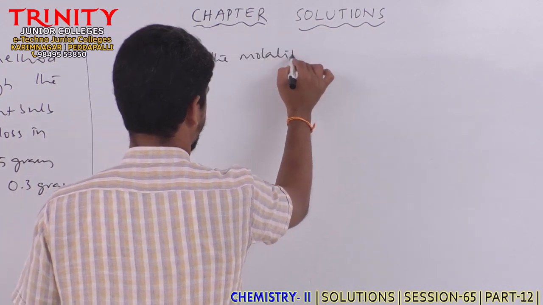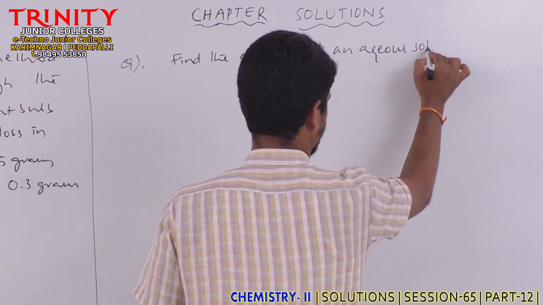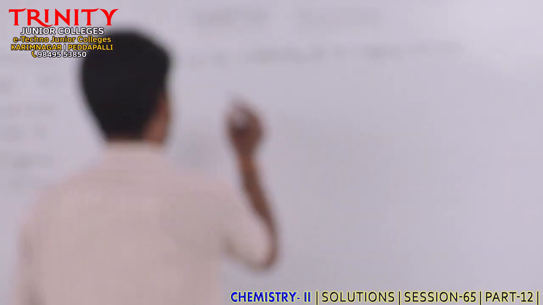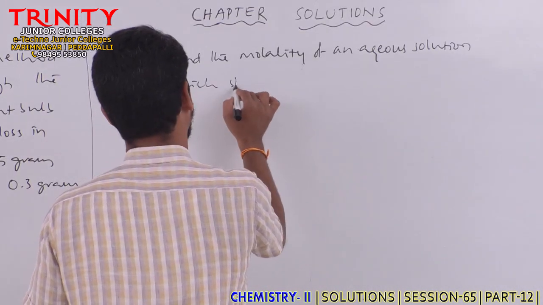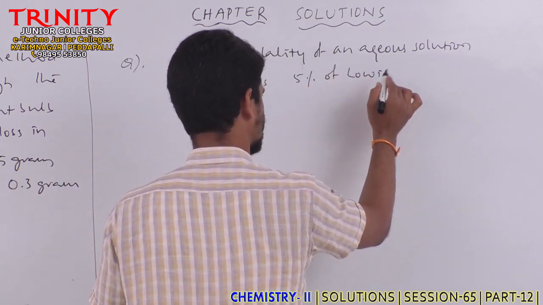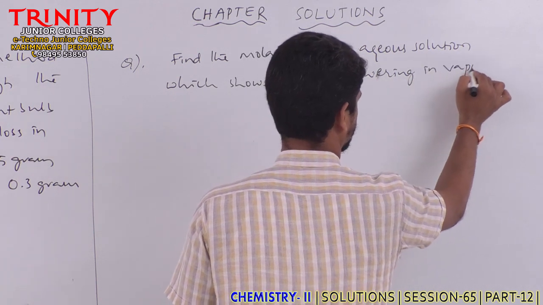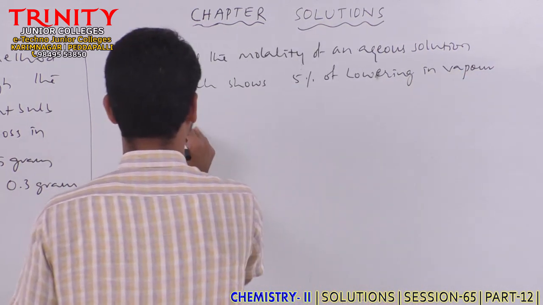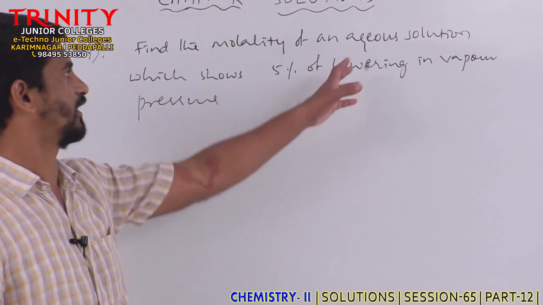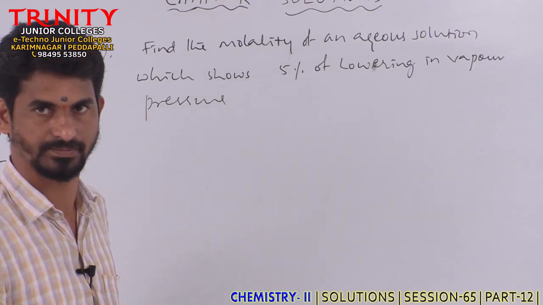Find the molality of an aqueous solution which shows 5% of lowering in its vapor pressure.